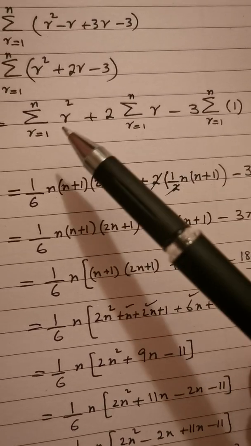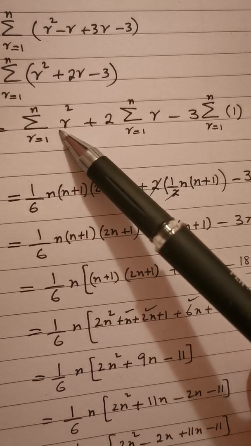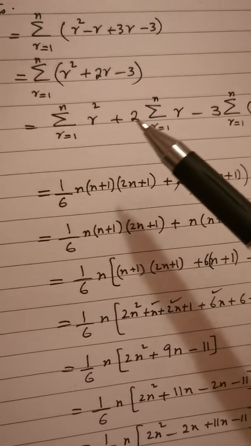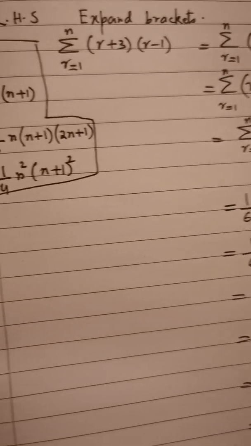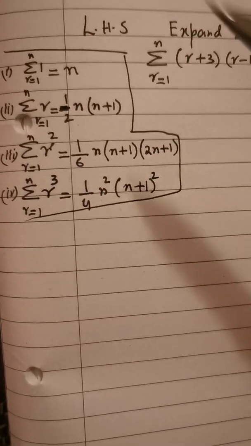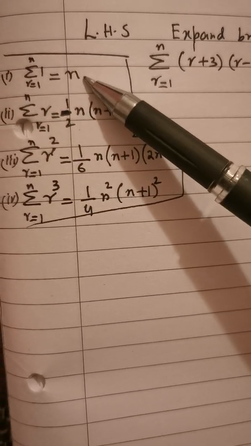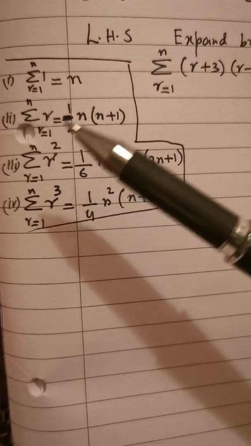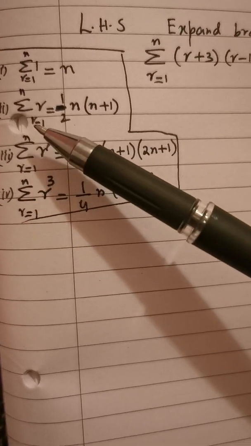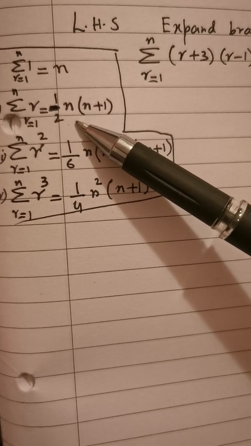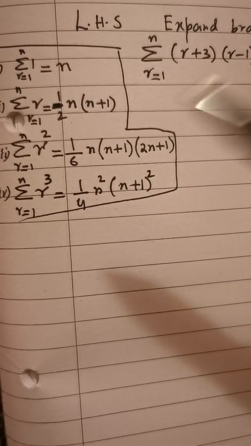Now we have three formulas: summation of r square, summation of r, summation of 1. So you have to memorize these formulas. What is the summation of 1 when r is equal to 1 to n? It is n. What is the summation of r when r is equal to 1 to n? This is the formula, we have to memorize it: 1 by 2 n into n plus 1.